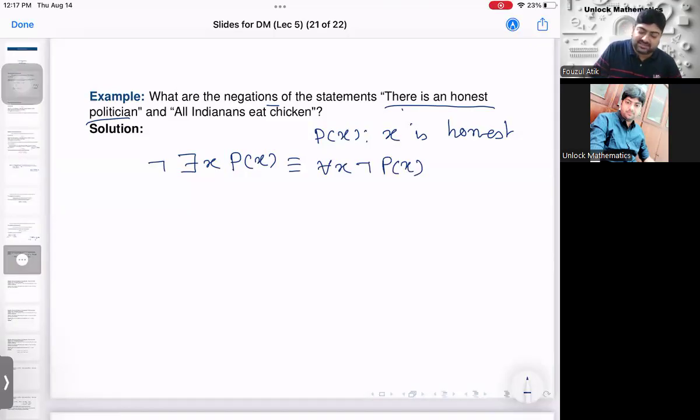Now px means x is honest. Not of px means x is dishonest. And it means for all x, not px. What does it mean? It means that for every politician, if the domain is all politicians, then you will say that every politician is dishonest.